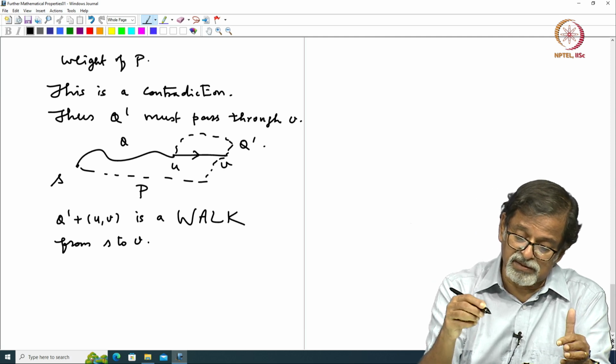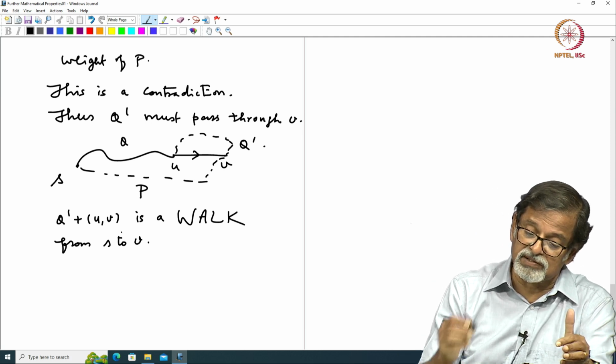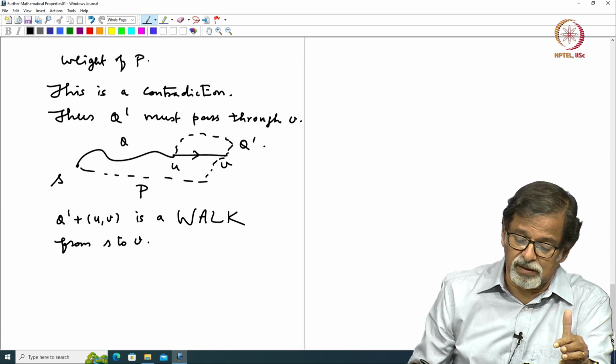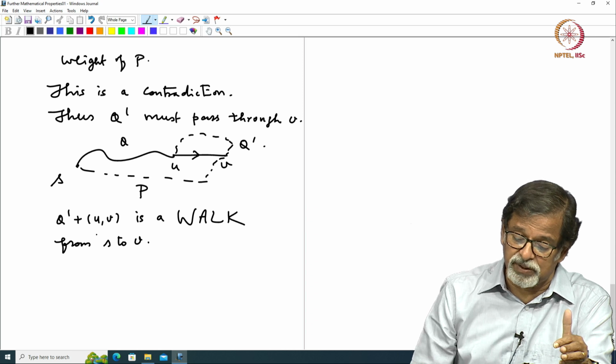You can see that Q dash plus UV is a walk.